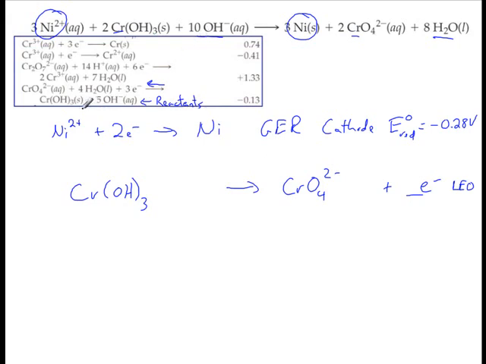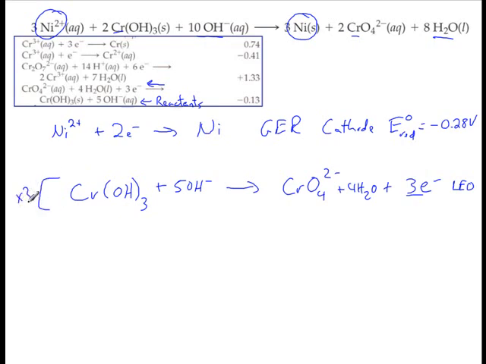And we see the chromium trihydroxide and the 5 hydroxide ions here, and then there's the chromate ion, which has 4 water molecules, which is what I anticipated, since water and hydroxide are in the balanced equation. This equation has 3 electrons, and notice that this is off balance: there's 3 here, 2 here.